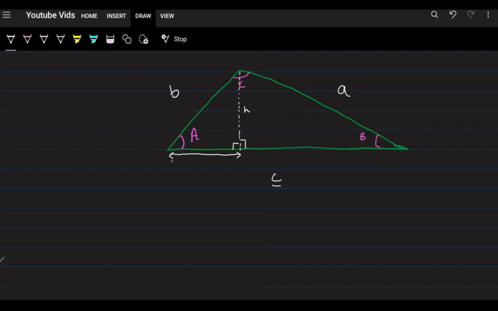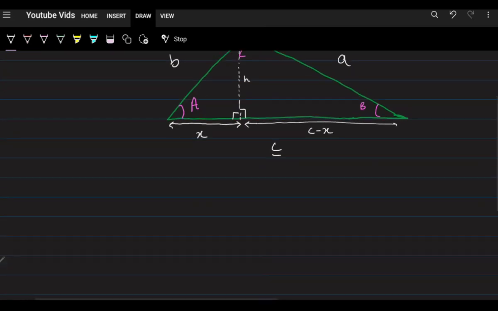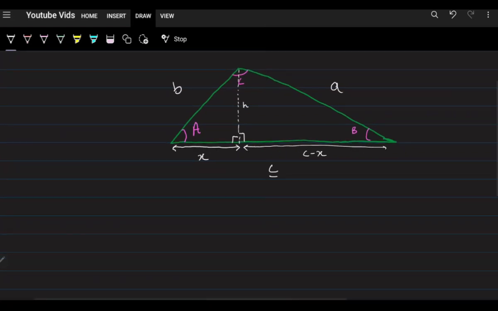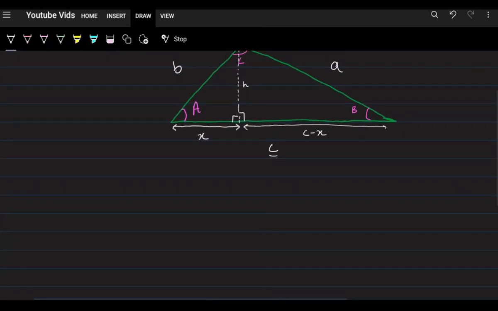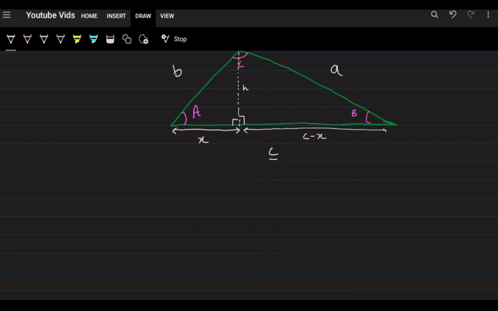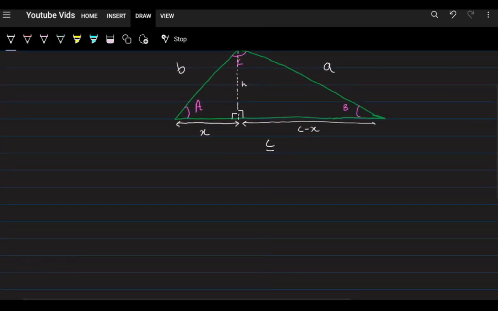This part of the left right angle triangle, I'll call this x, and the right part will be c minus x, because if you add these two lengths up you get c, right? So now I can treat these two triangles separately and make a system of equations.